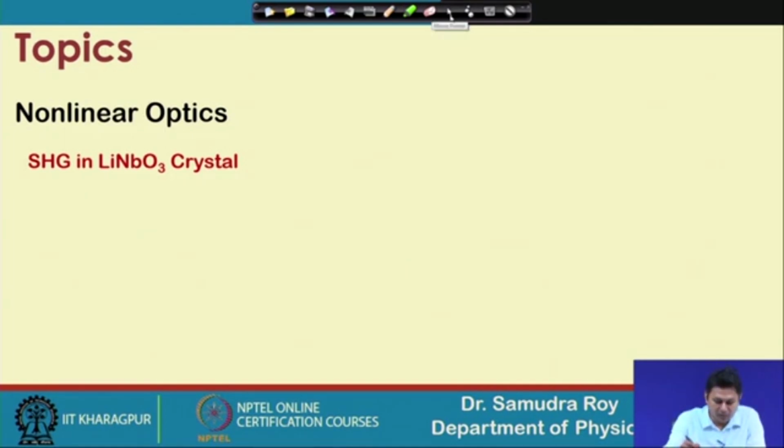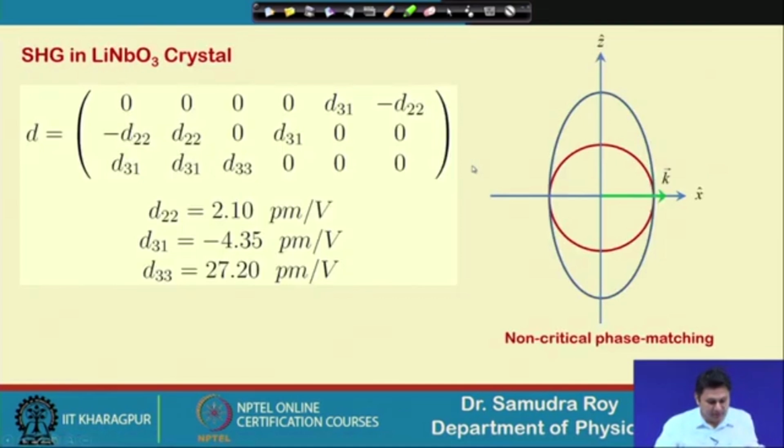Okay, so go back to our slides. This is the d matrix structure of lithium niobate. We can see that only 3 distinct elements are there in the d matrix.